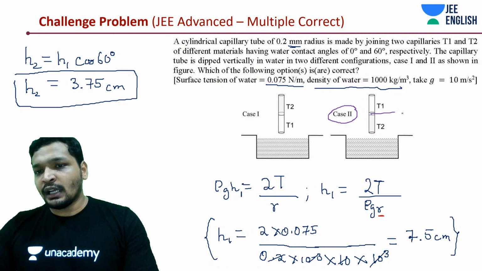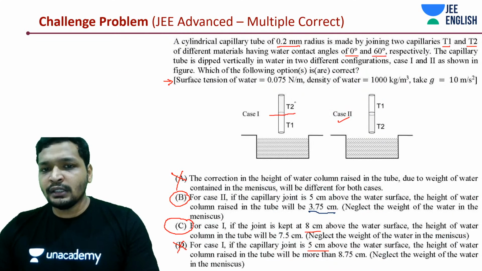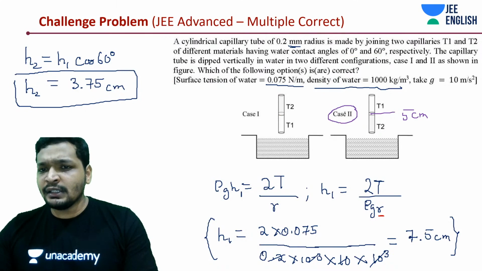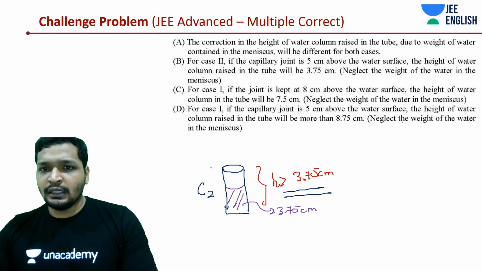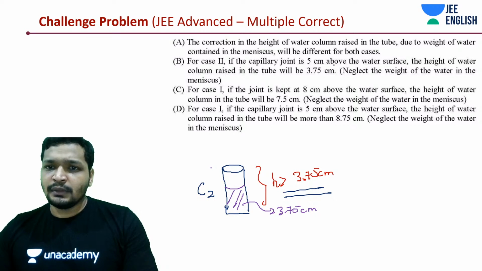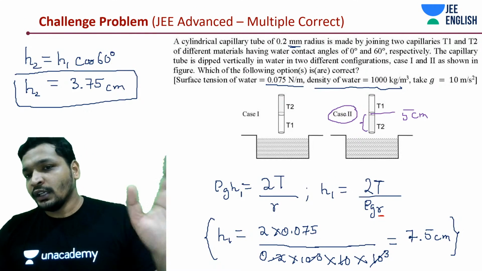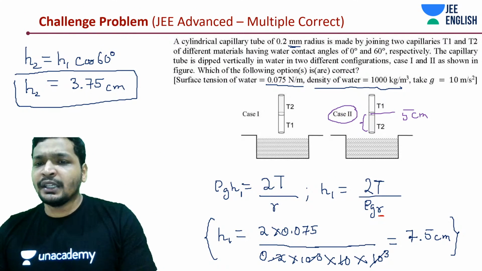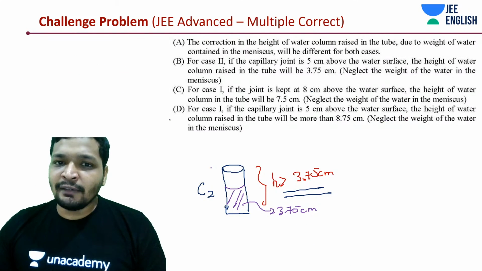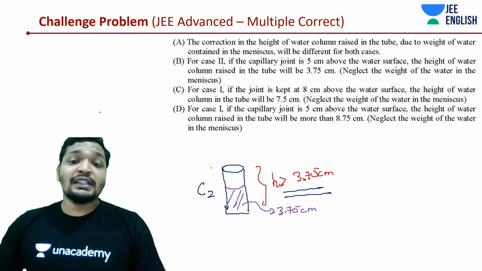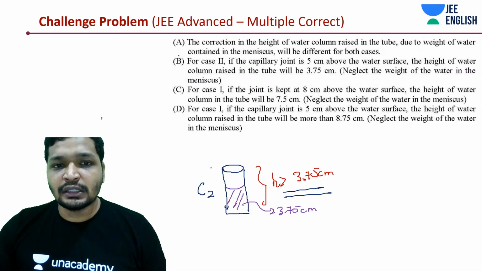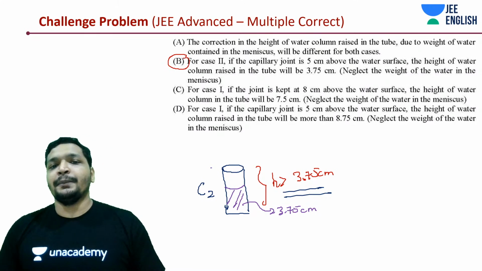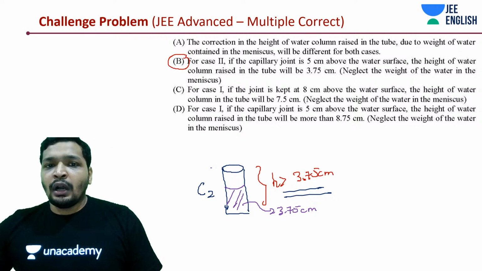If this joint is at 5 centimeters, which is above 3.75 centimeters, the water will rise to 3.75 centimeters. Else, if it is less than 3.75 centimeters, it will only rise to that level. So option B is correct. Okay. So what do I mean now?